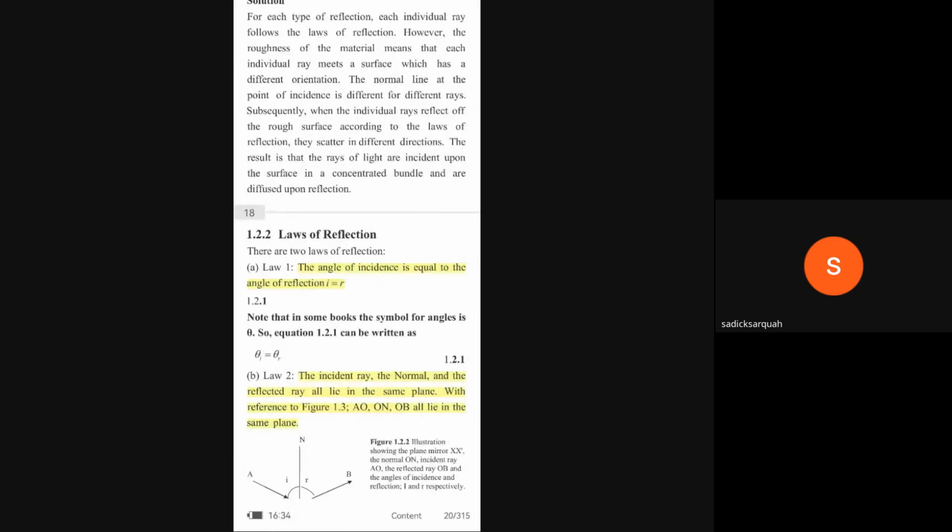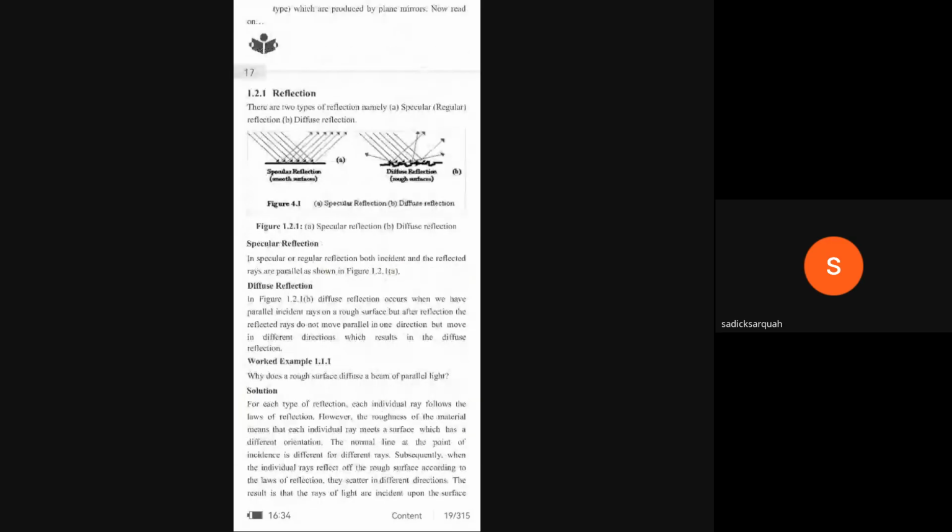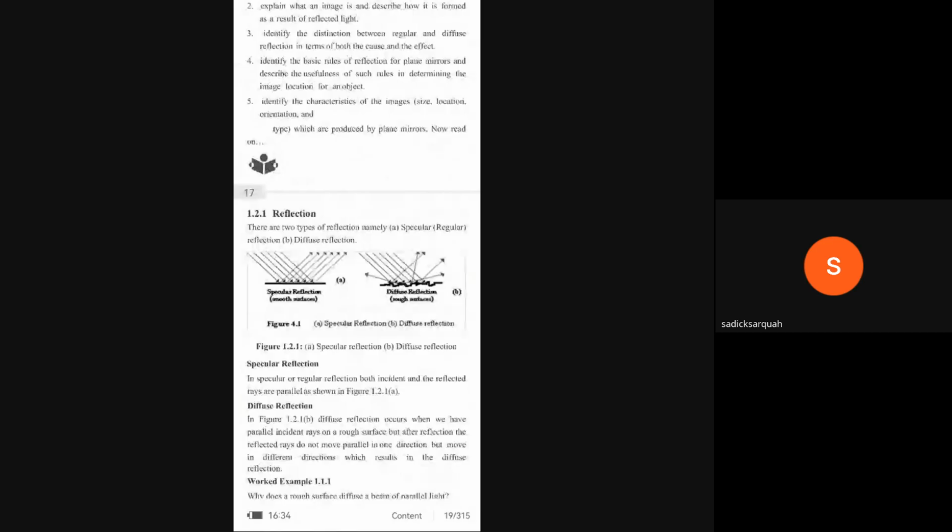The model on the platform for us. Some of us are not having it, please. Like this one, the one I'm sharing on the screen. Come, come.